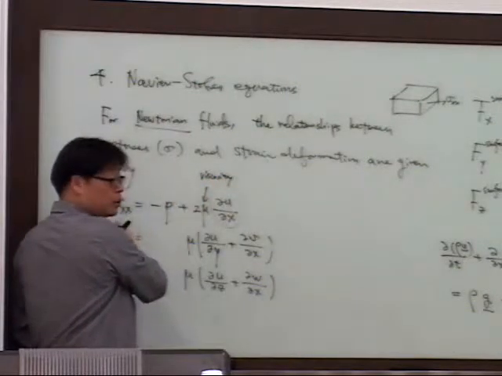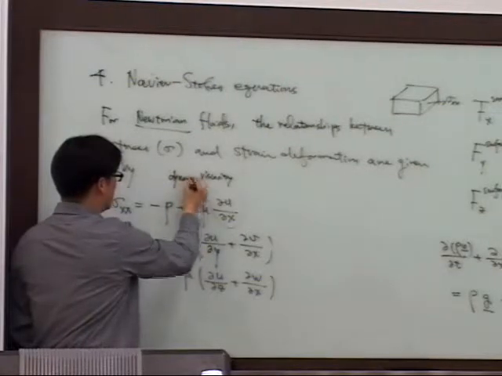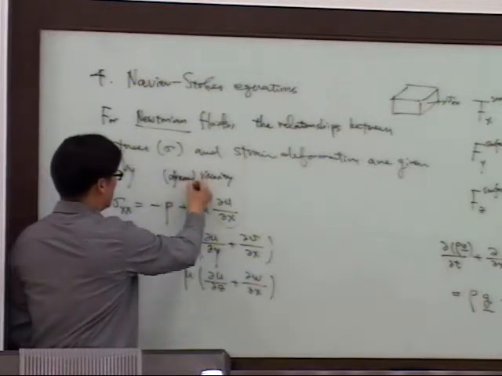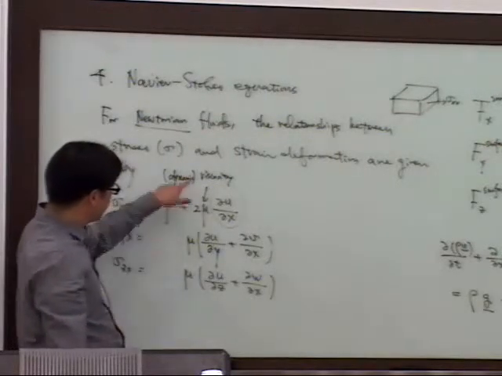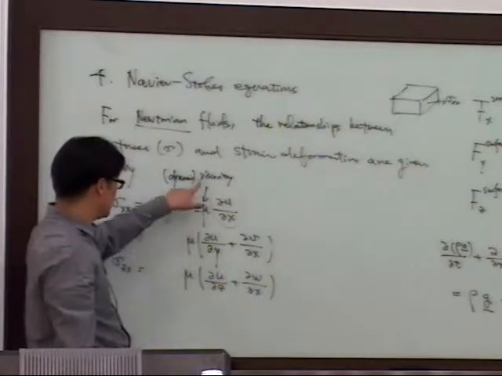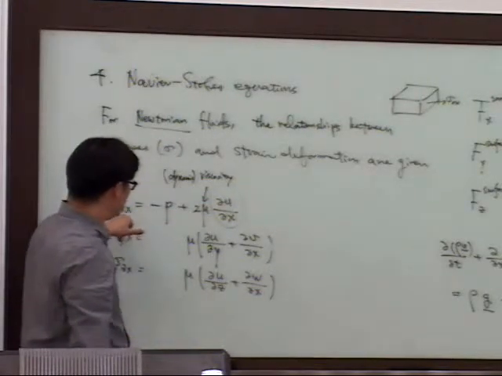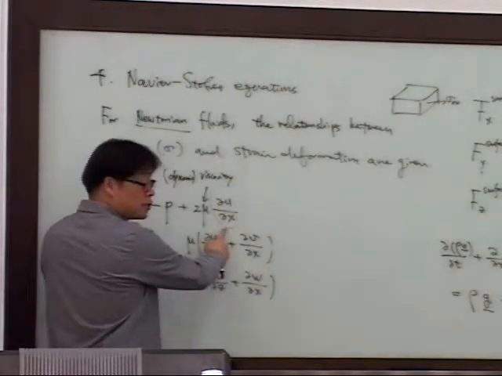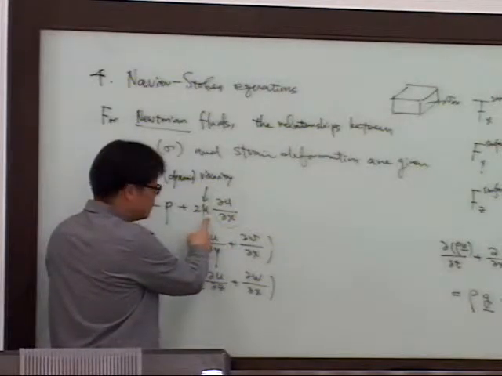It is related to stress. It's the dynamic viscosity. We often call it viscosity; when we say viscosity, typically it's dynamic viscosity. So there is a linear relationship between stress and strain, and the proportionality is called mu.